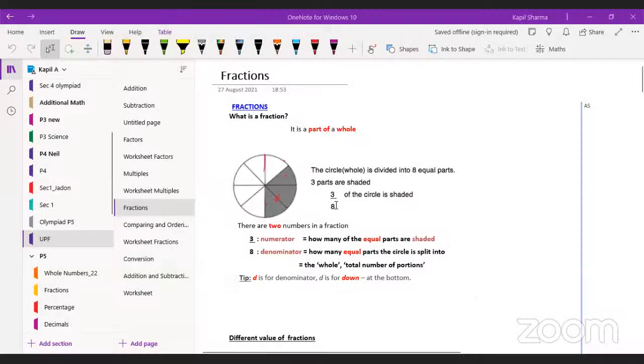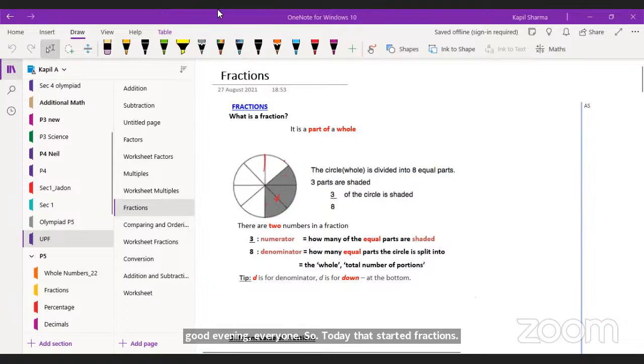Good evening, everyone. So today we'll start with fractions. I hope you can see my screen. Okay, so let's start.